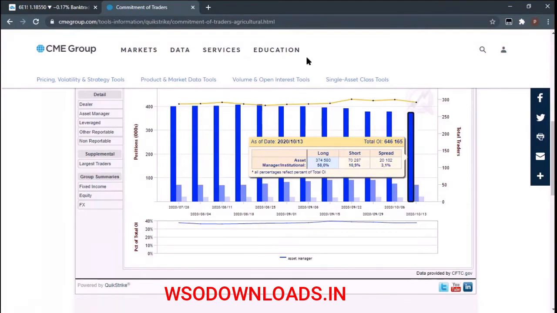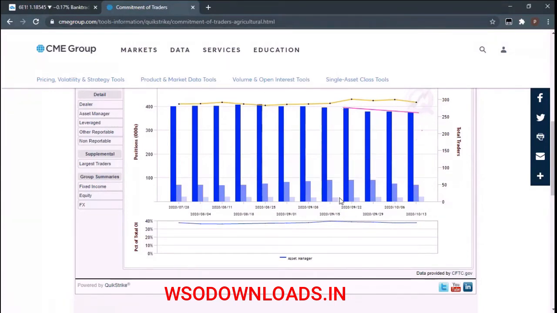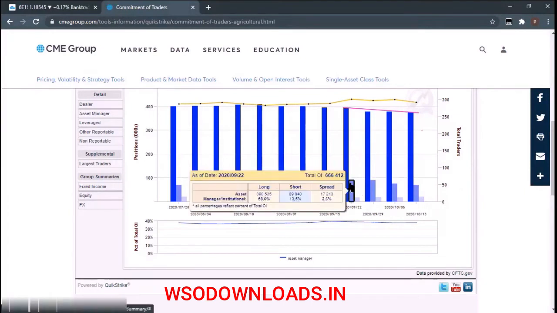So we can conclude that the euro is closing in their long position, right? Closing in their long position. So let's look at what has been happening on the short side. On the short side, we were at 89.8.